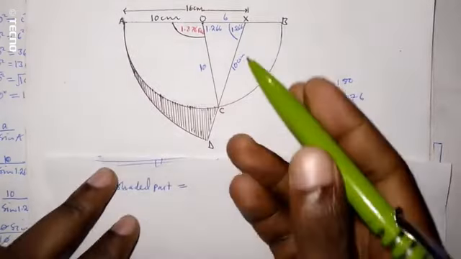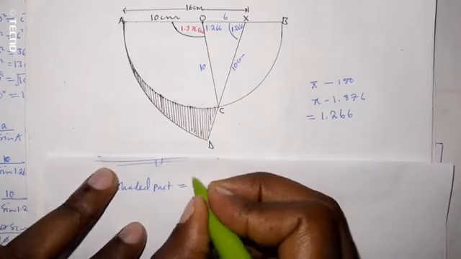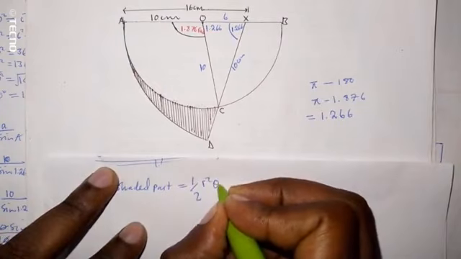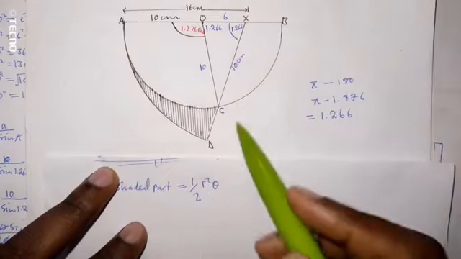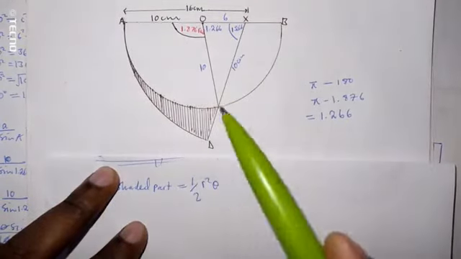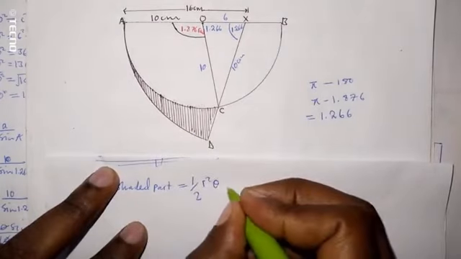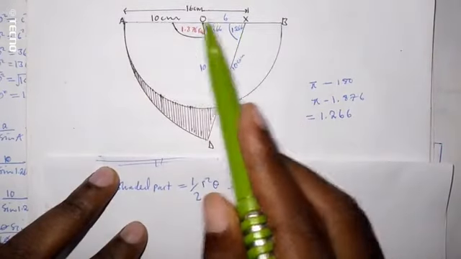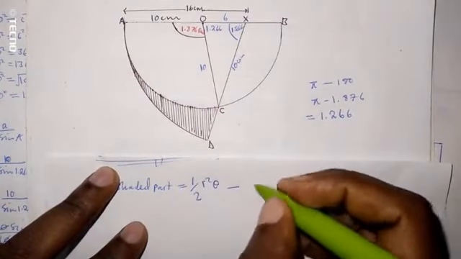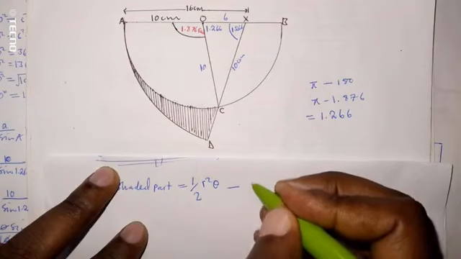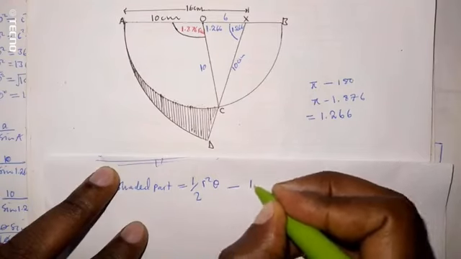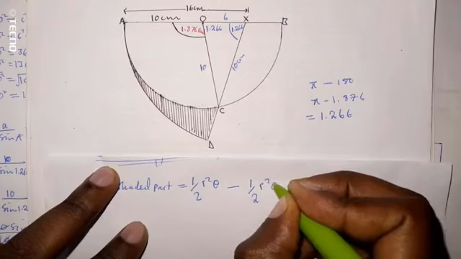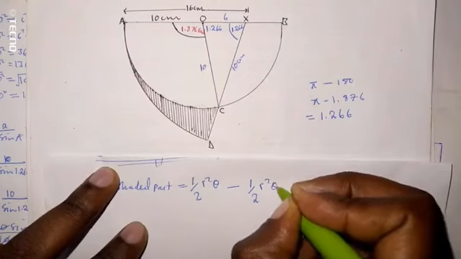We get the area of the bigger one, which is half r squared theta, which is AXD. Then we subtract area AOC. Even for this one, we're going to write the same formula, but with different radius and angle.